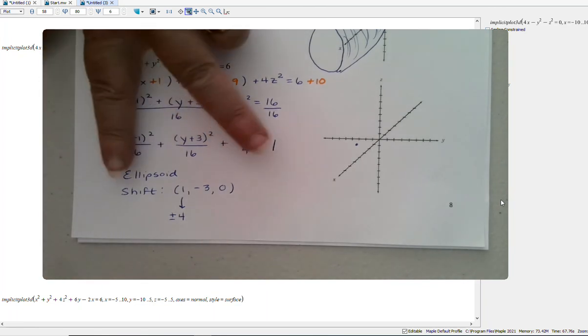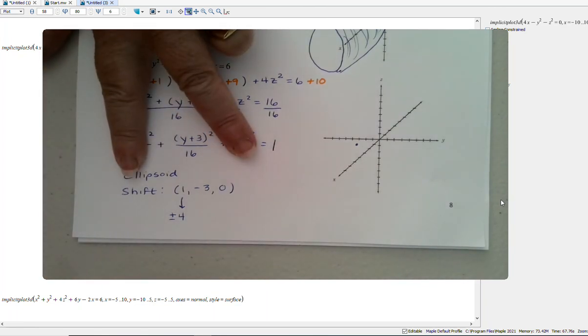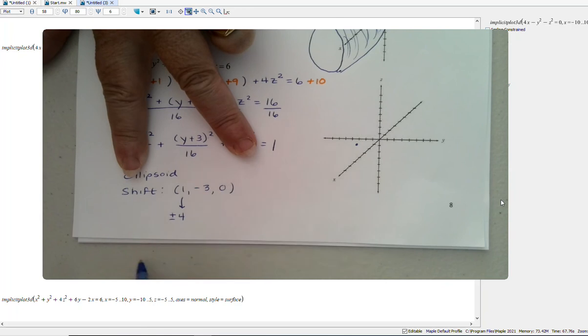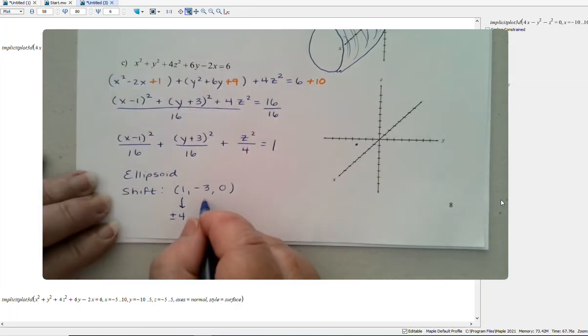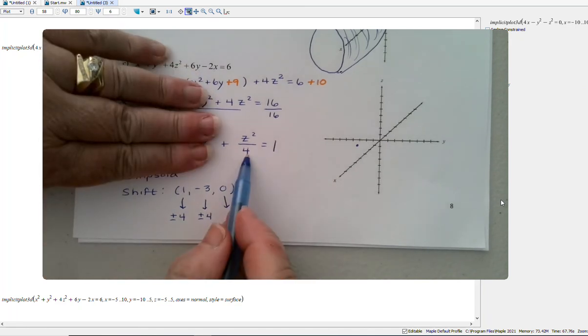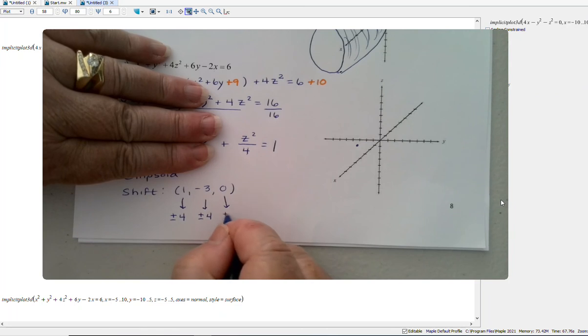Y is going to work the same way, right? If I pretend I'm not even looking at the x and the z for the moment, multiply the 16 over again, square root of both sides, that's going to become plus or minus 4 again. And from the center, the z, that'd be z squared equals 4. So from the z, we'd go plus or minus 2.